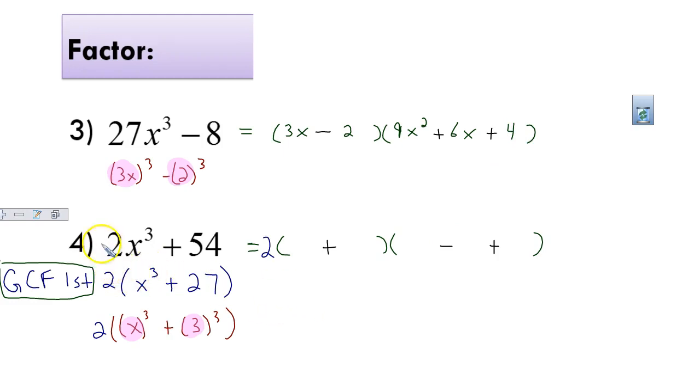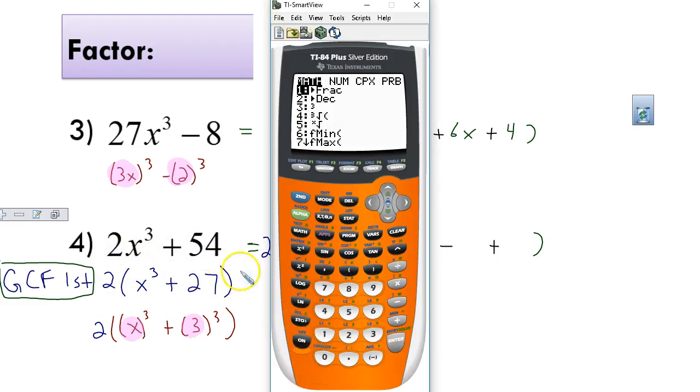Number 4 has something kind of unique that you see sometimes. Let's say that I didn't realize that there was a GCF here first. So what I would do is I would get my calculator out, and I might try to take the cubed root of 54, that's number 4, fourth option. What's going to happen is I'm going to get a decimal, and I'm going to say, well, that didn't work. Well, that's a clue to you that this is not going to factor easily, and there's some reason for it.